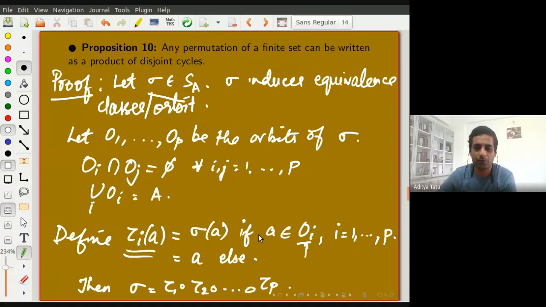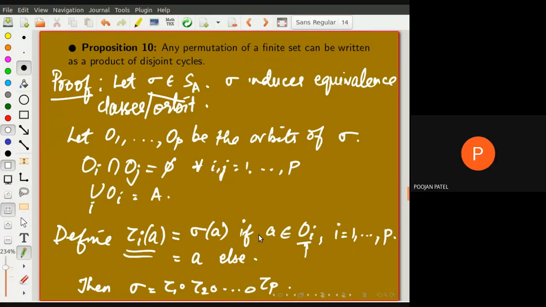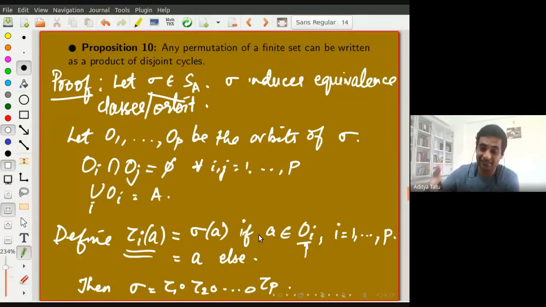I hope you honestly mean that you understood. Then the other thing, I hope the last line here is understood, because again, these O I, they partition the set A, right?